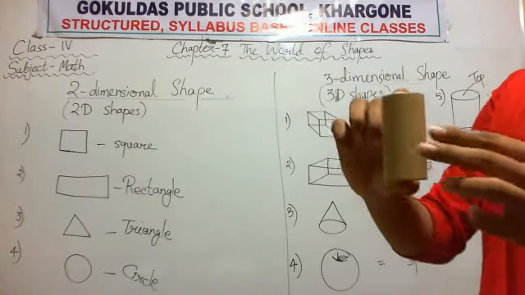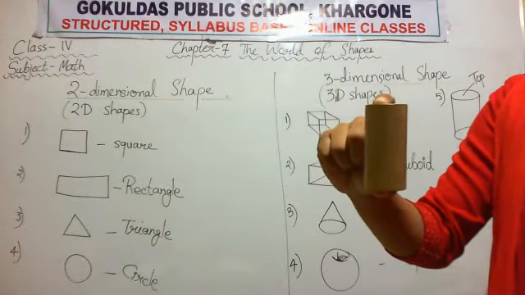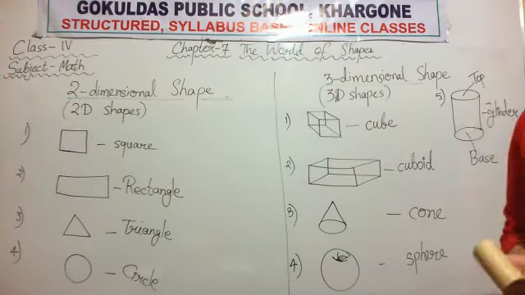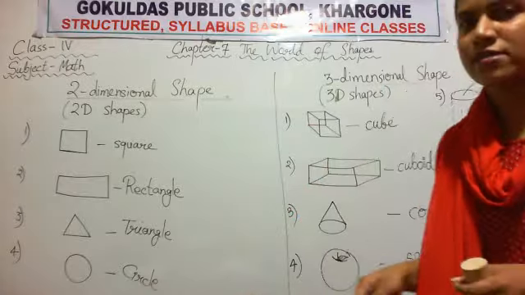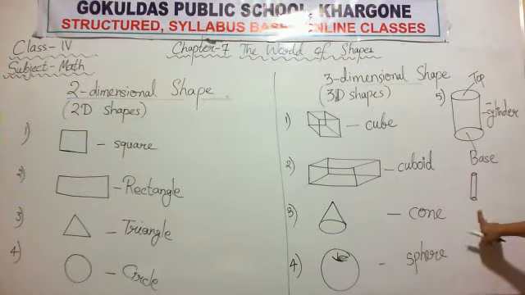See how the solid of cylinder looks like. It is exactly like this. Right? Have you seen the chalk? Yes, you have seen. The shape of chalk matches with this shape, means chalk is cylindrical in shape.